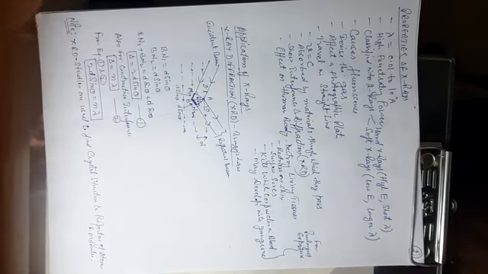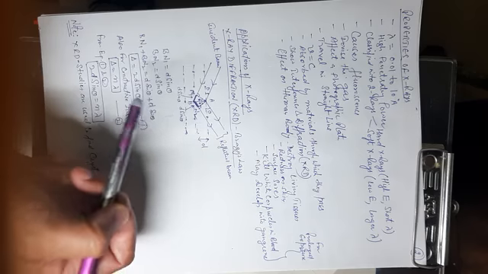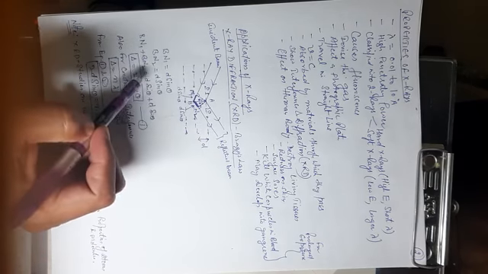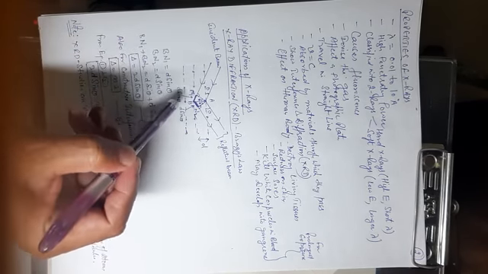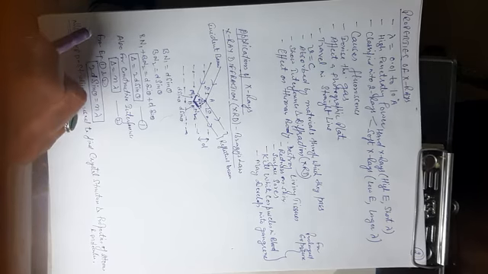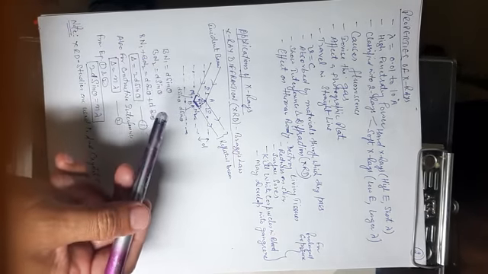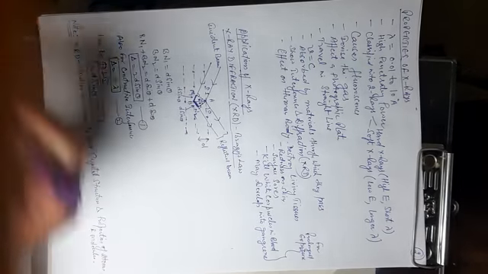When we draw perpendiculars from A to N1 and A to N2, then there is a path difference of N1B and BN2 between the two rays. This path difference is very important because by this path difference, we will try to prove Bragg's law.